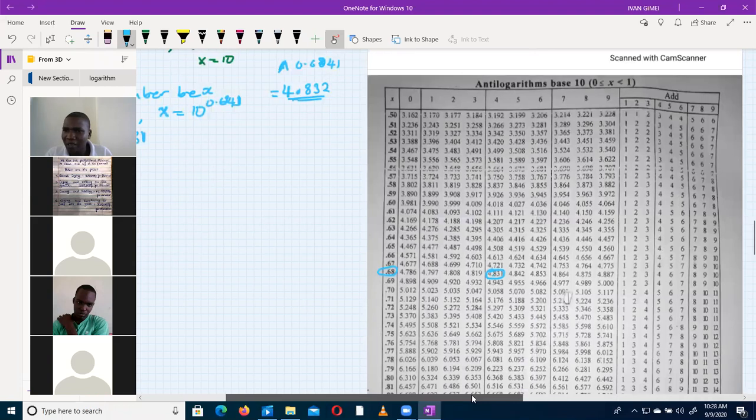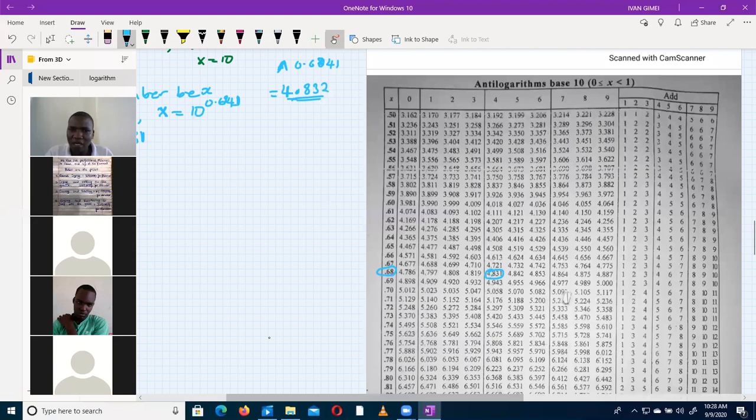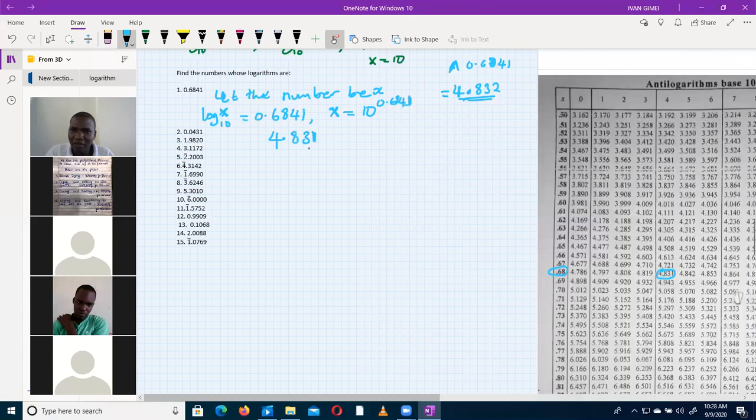So I add this 1 to the last digit, which is just like adding 0.001. So this becomes 4.832. That's what I've seen as the antilogarithm. You see that? You got 4.832, and that's what I've also got. So that's how we find antilogarithm.